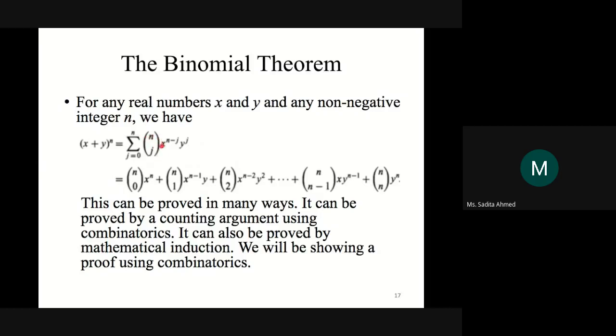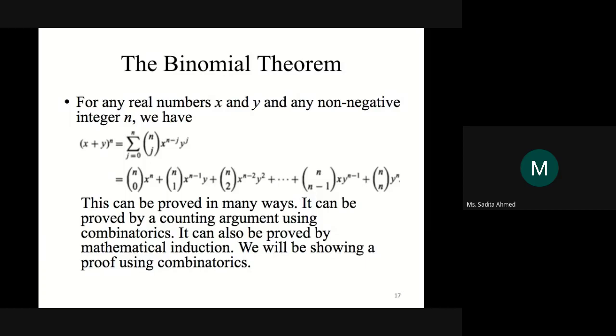So we are using NCJ to represent the coefficients. That's why NCJ is sometimes called the binomial coefficient. Numbers of the form NCJ are called binomial coefficients.